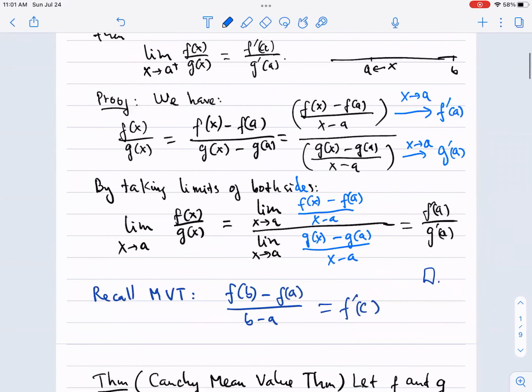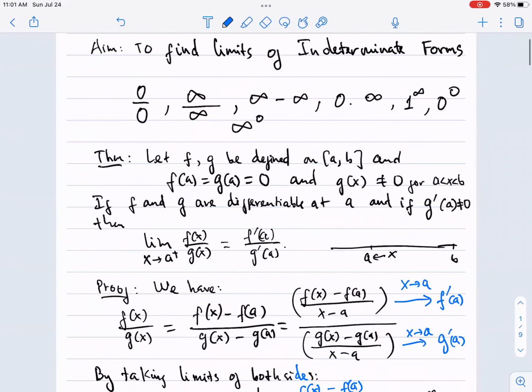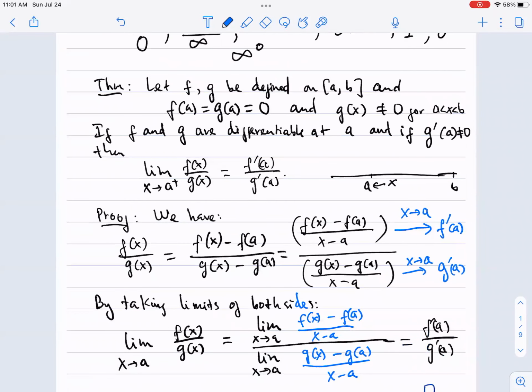Then we have the conclusion of this theorem. So this theorem and its proof basically tell us how to relate the quotient of two functions with the quotient of their derivatives.